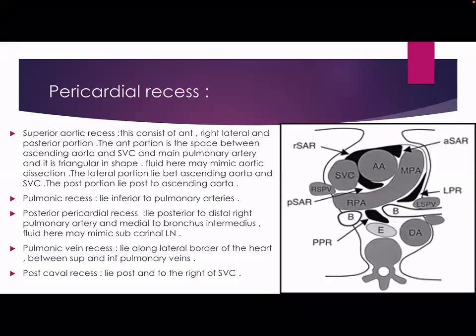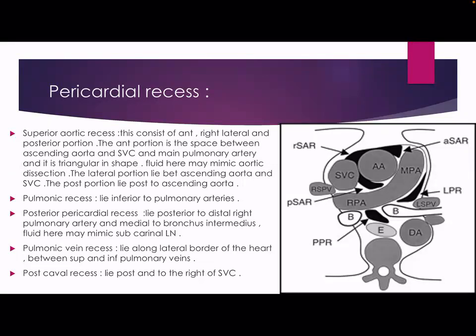For the pericardial recesses, we have the superior aortic recess. This consists of anterior, right lateral, and posterior portions. The anterior portion is the space between the ascending aorta and superior vena cava. Fluid may accumulate here and may mimic aortic dissection.